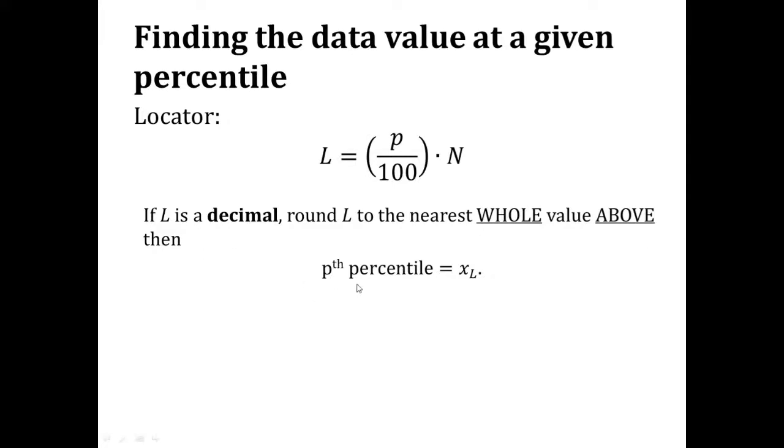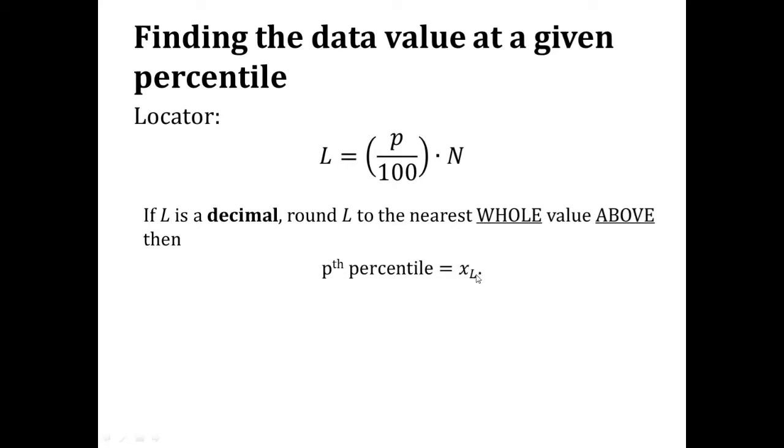Then we conclude that the P percentile is simply the value at the Lth position on the data list. So notice that when the locator is a decimal, these steps are sequential. You must round the locator value first, then look for your percentile based on the updated locator.